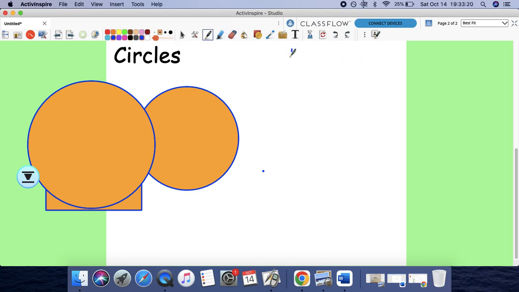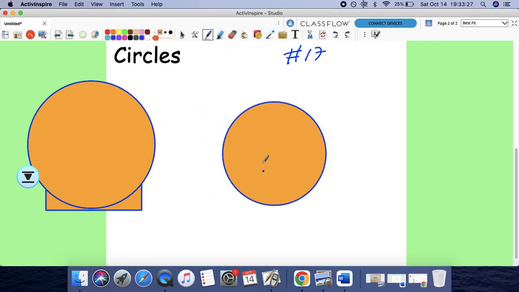17. Circle O, not shown, has an area, so let's pick this circle. The area here is 81 pi square units. Circle P, there's another circle.